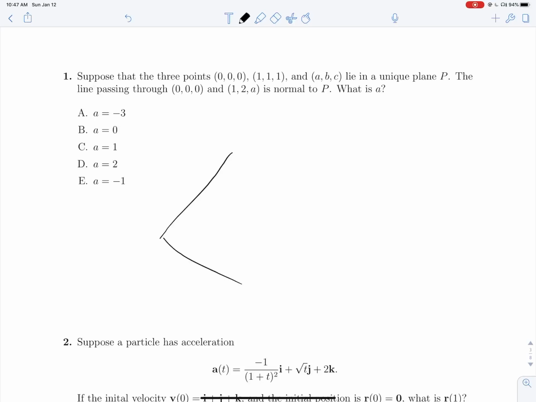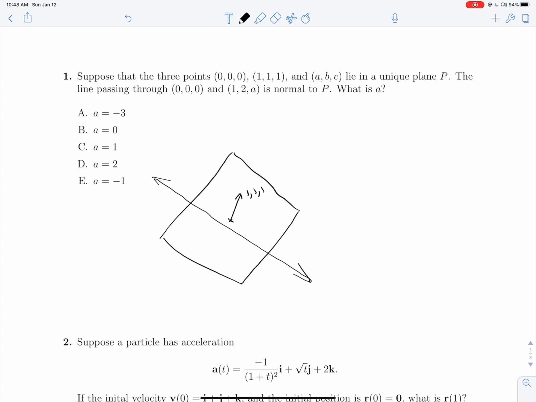So let's draw all of the information we need out. We have this plane, and let's say our origin is right here, and then we have the vector 1, 1, 1 sitting there. We also know that the normal vector to the plane, that's kind of hard to draw, but hopefully this gets the point across.